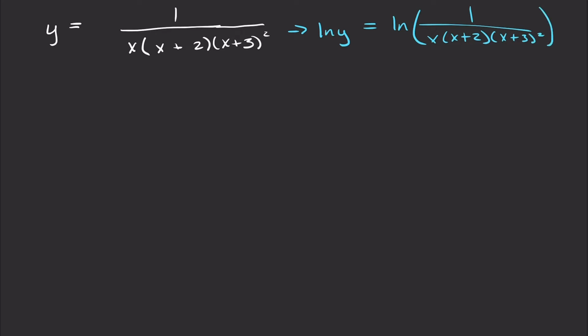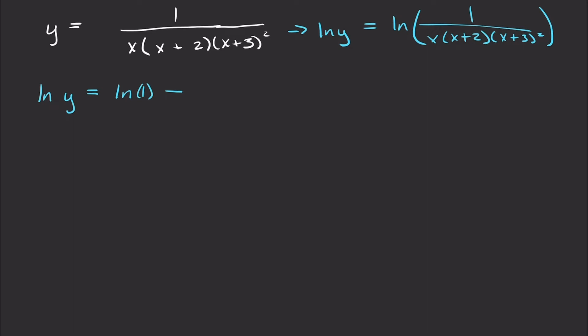So this is a natural log of a quotient of a product. So we can use properties of logs to rewrite this. So we'll get the natural log of the numerator, which is natural log of 1, minus the natural log of the denominator, but that's just a product of things.